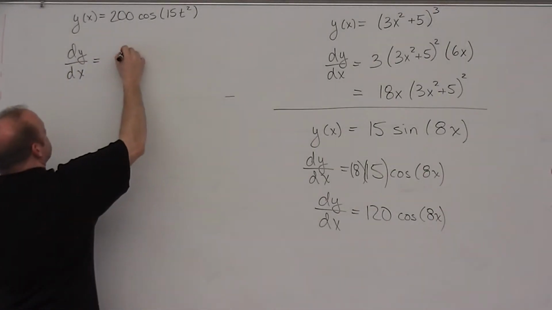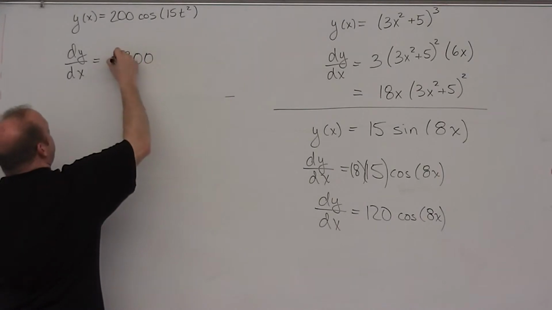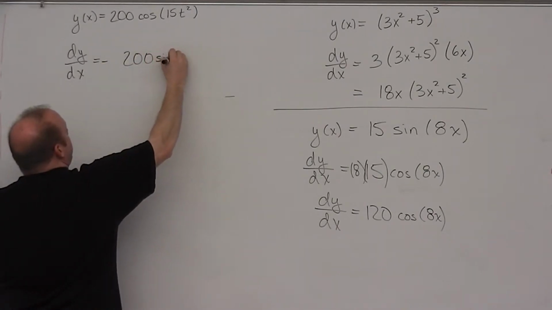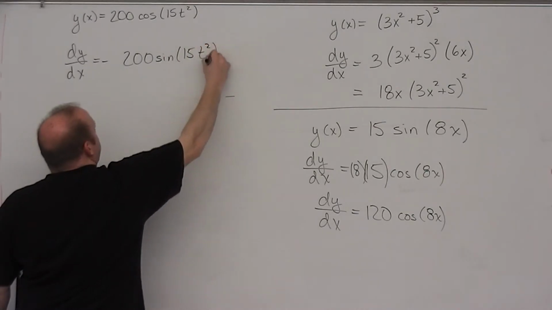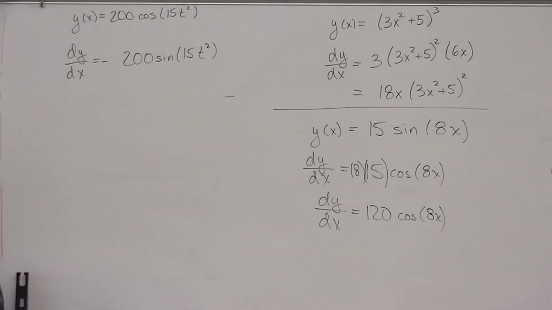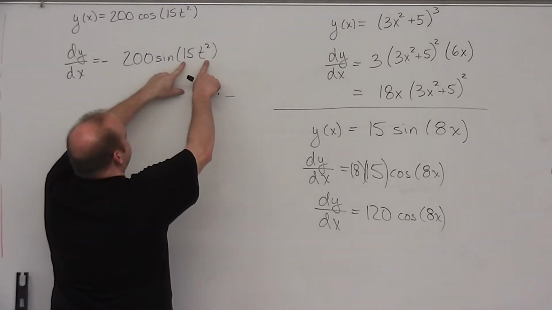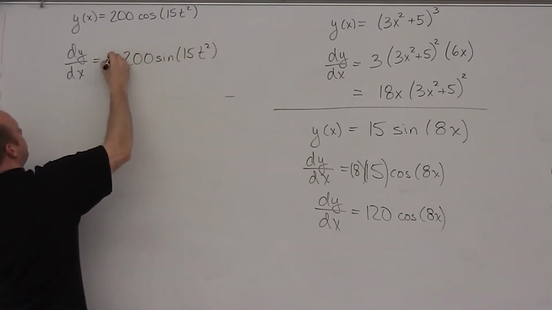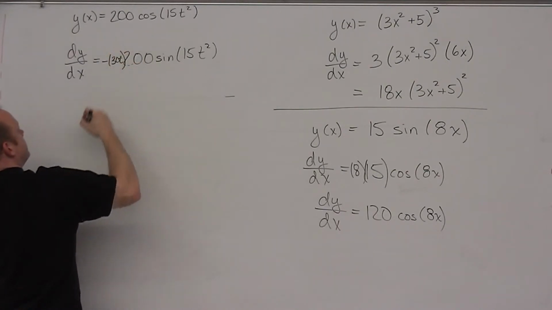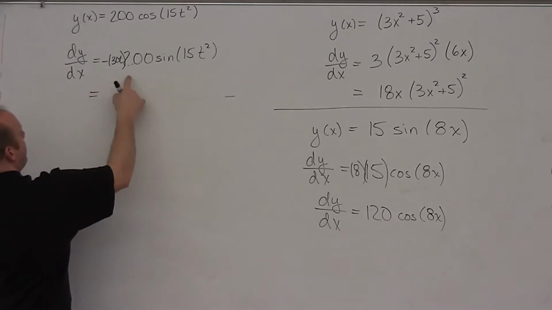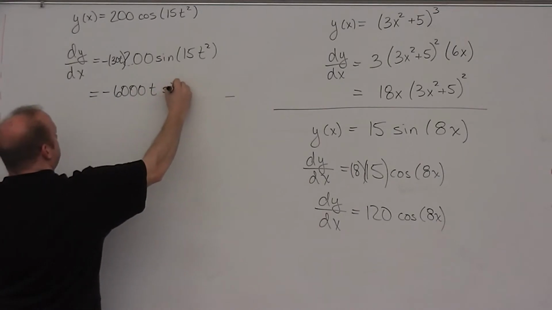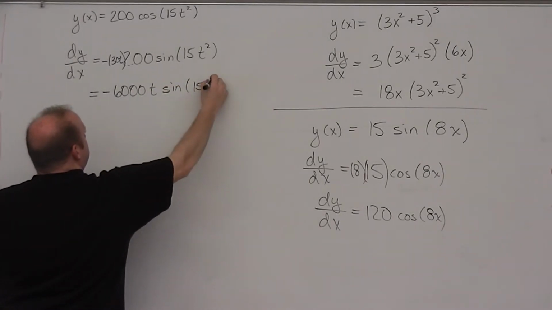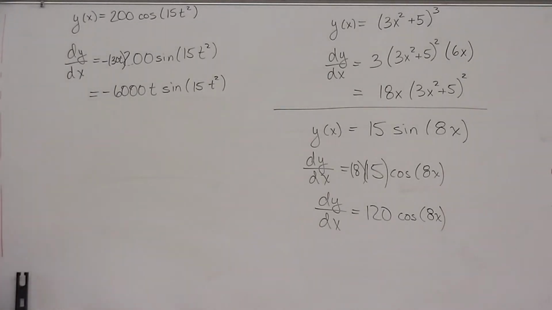So it's going to be 200 negative sine, so I have to put a negative out front here, sine of 15t squared. That argument of sine remains the same, times the derivative of this. That's 30t. So I wind up with negative 6,000t sine of 15t squared.